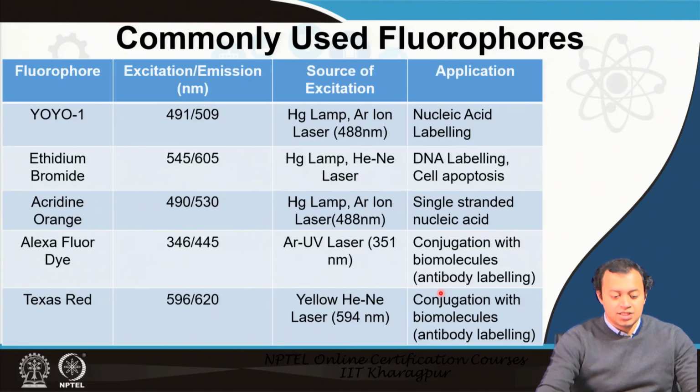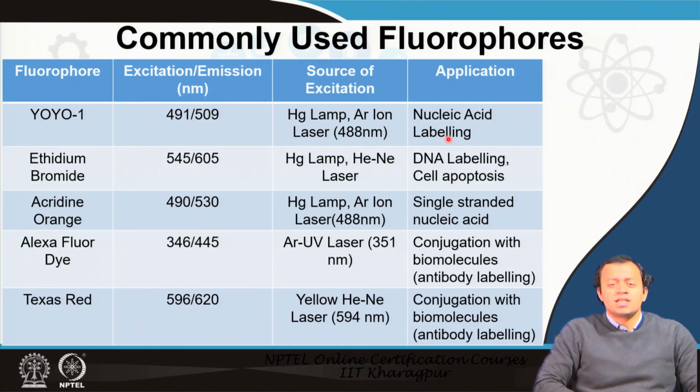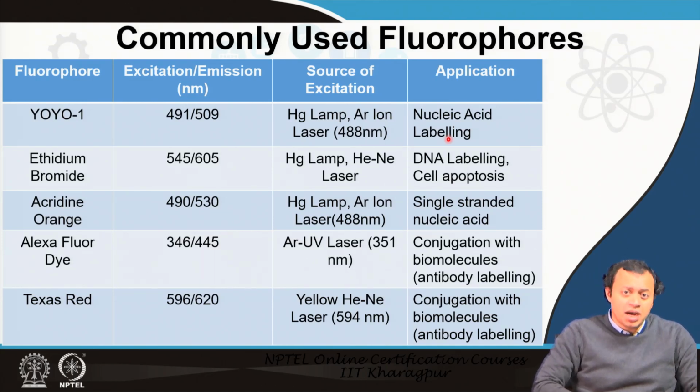And here is the list of several such fluorophores, YOYO-1, ethidium bromide. Several companies make these kinds of fluorophores, and they have a special way to attach them to a specific location within the biological material.